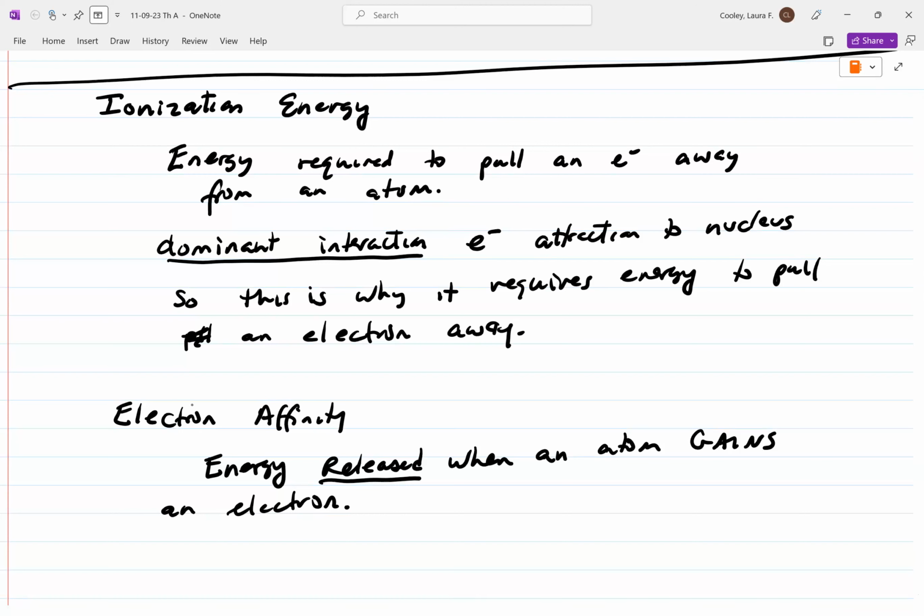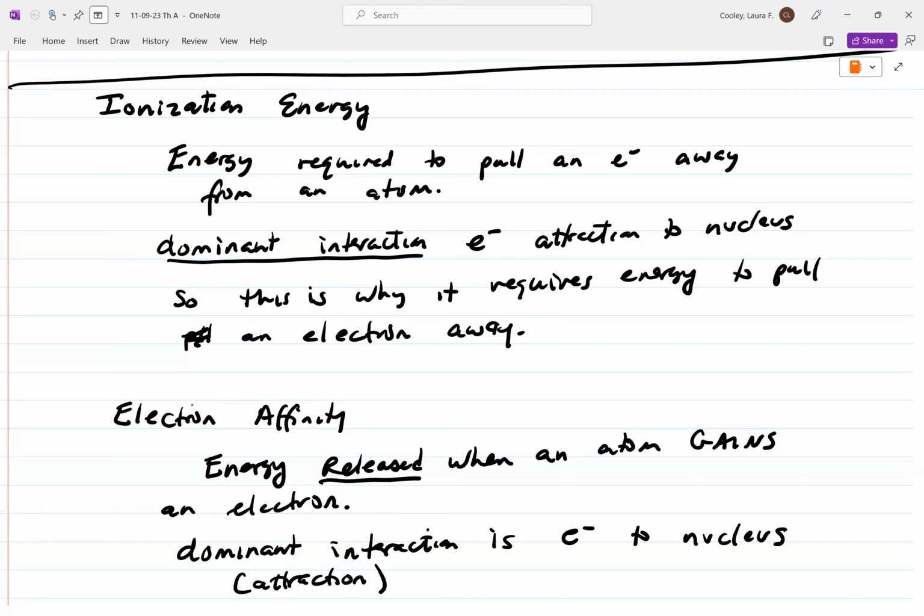So again, the dominant interaction is the electron to the nucleus, and since it's an attraction, it is between the electron and the nucleus.